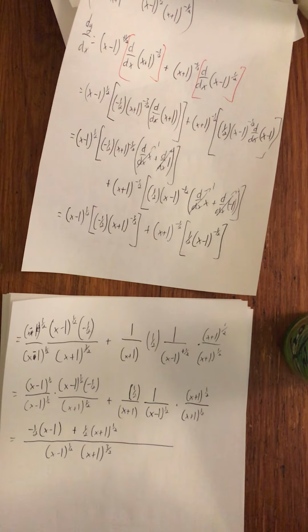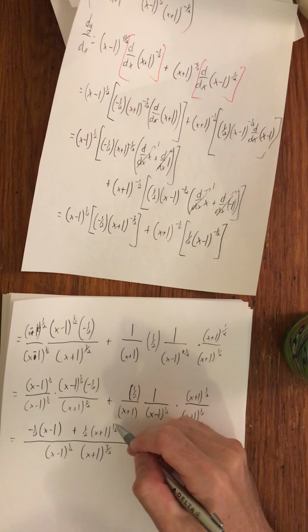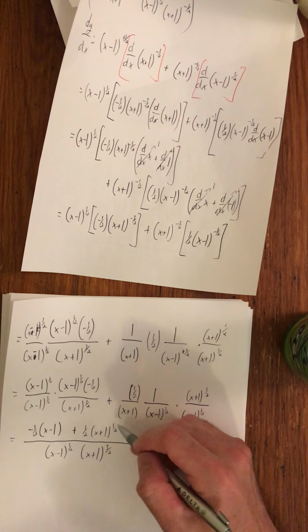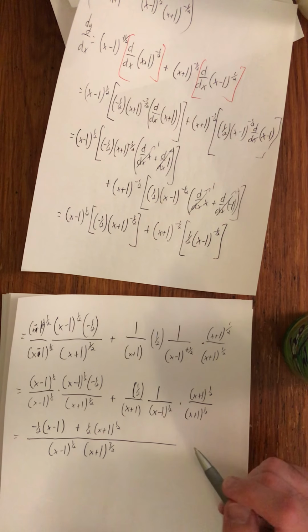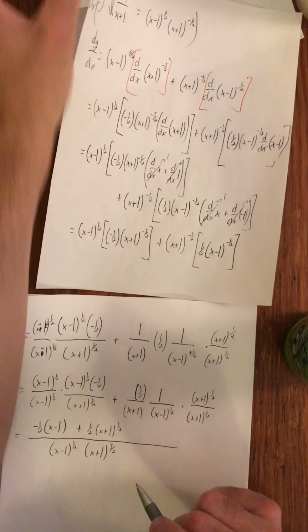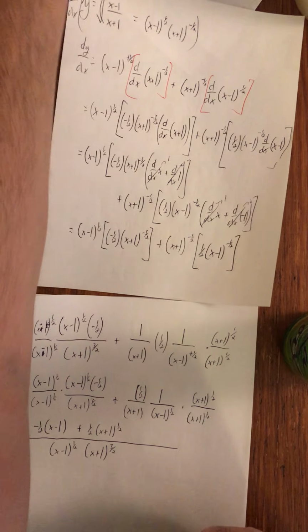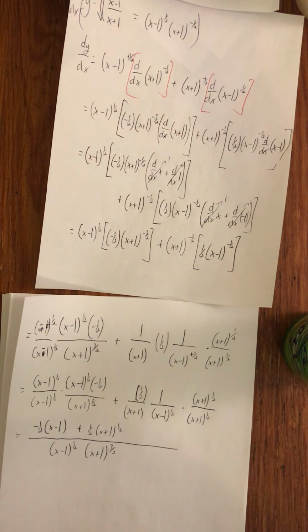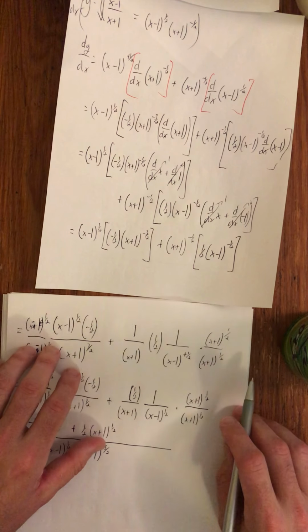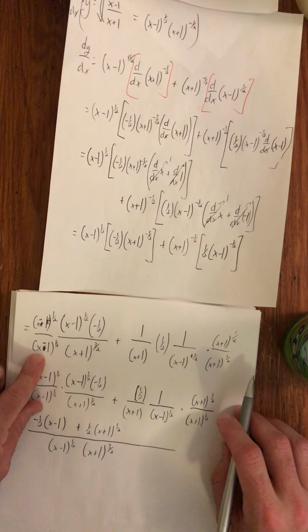Something is screwy, folks, because it should come out the same, but we're not getting it the same. These powers are what is messing us up, it looks like. So something went haywire. Let me go back in my own work and make sure that I did that right. I think something is missing an exponent somewhere.